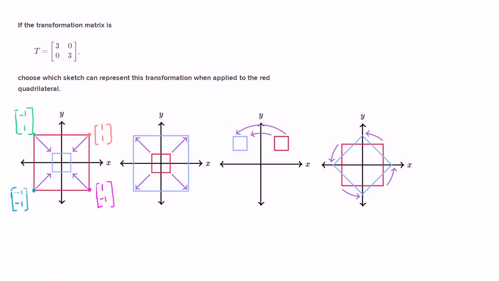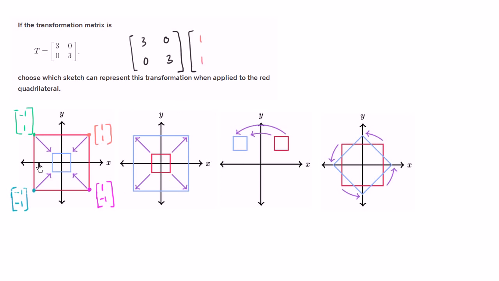The way I'm going to think about it, let me take our transformation matrix, 3, 0, 0, 3, and multiply it by a 2 by 4 matrix that represents all of these position vectors. We have the first point, 1, 1.